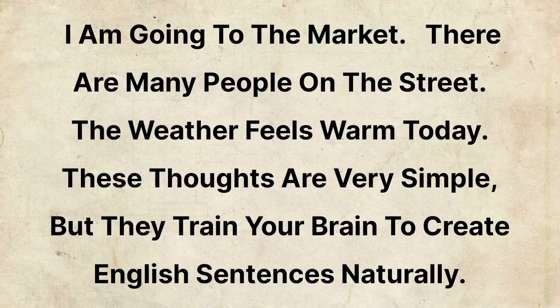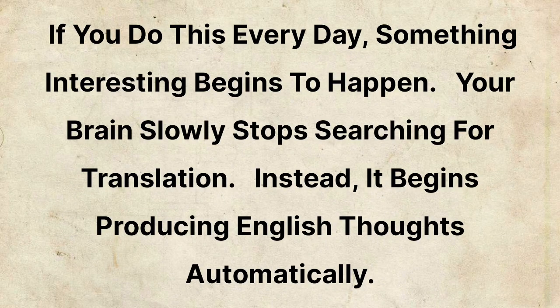There are many people on the street. The weather feels warm today. These thoughts are very simple, but they train your brain to create English sentences naturally. If you do this every day, something interesting begins to happen. Your brain slowly stops searching for translation. Instead, it begins producing English thoughts automatically.